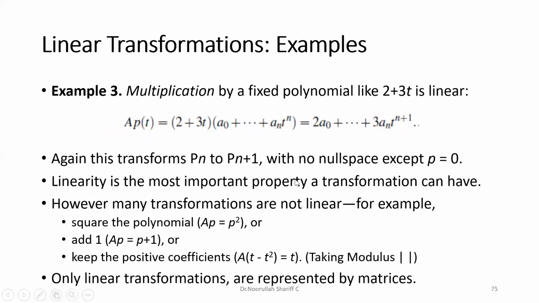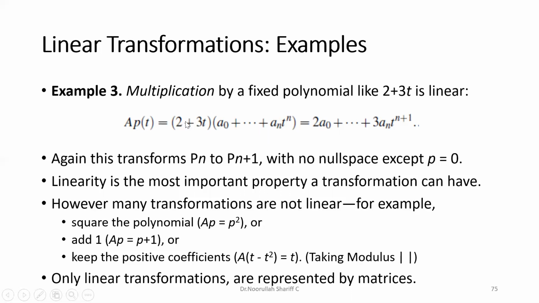Now let us take another example, which is multiplying this polynomial by another polynomial, 2 plus 3t. This again will lead to a linear transformation. So now A(p)(t) is equal to 2 plus 3t multiplied with the original polynomial we considered earlier, that is A naught plus A1 t plus dot dot dot plus An t to the power of n.